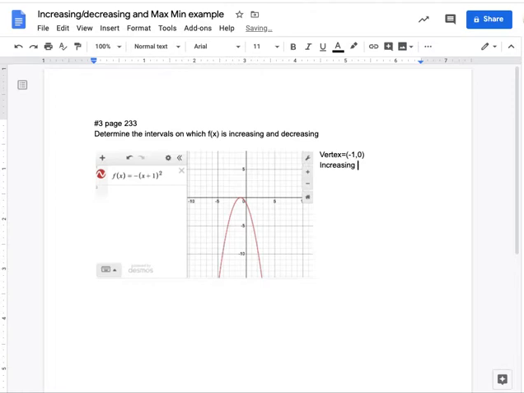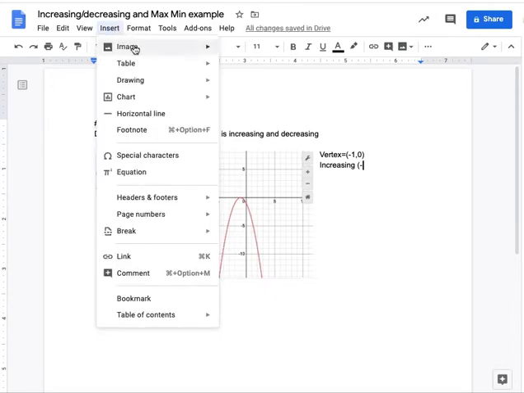on the interval, and we're going to use a parenthesis. Keep in mind, your parabolas continue to expand to the left and the right infinitely. So we are actually increasing from way out here to the left at negative infinity. So we would want to insert a symbol here. Special characters.